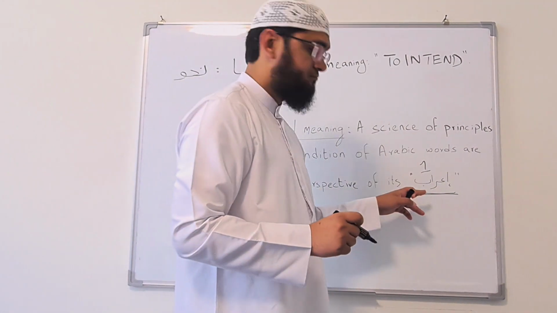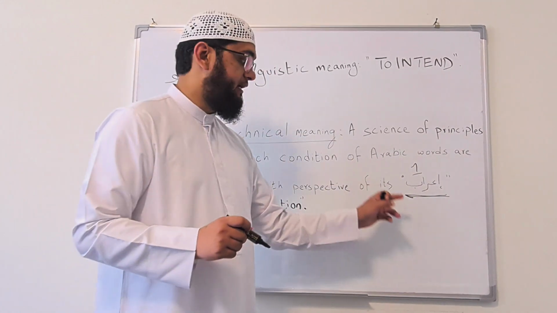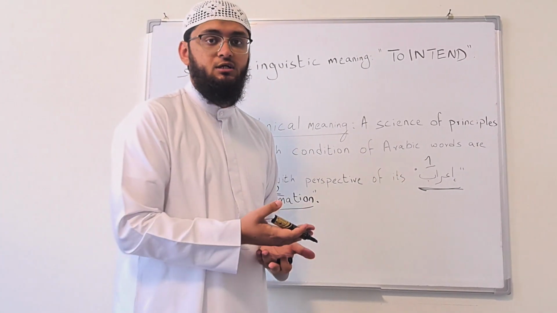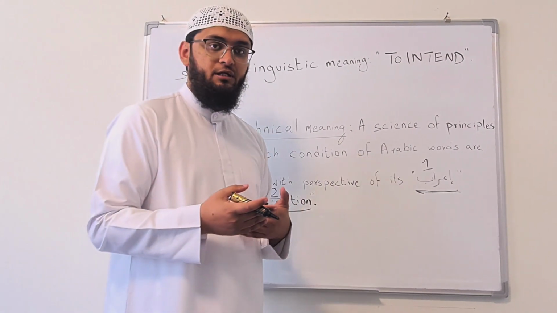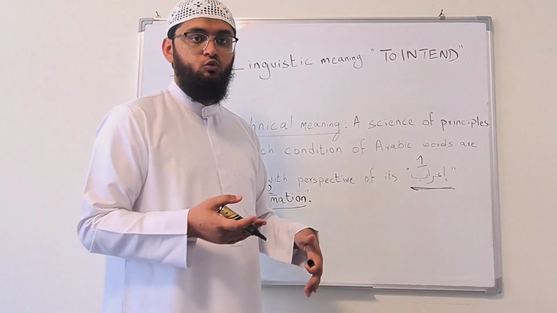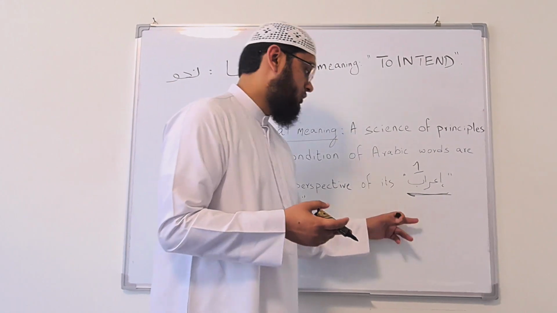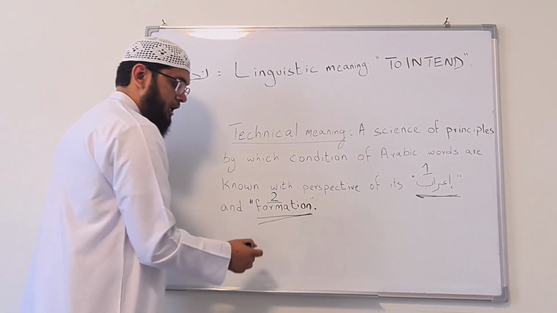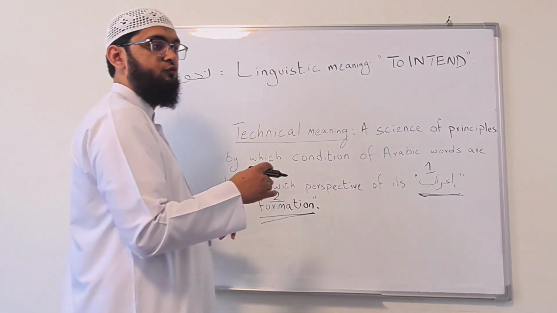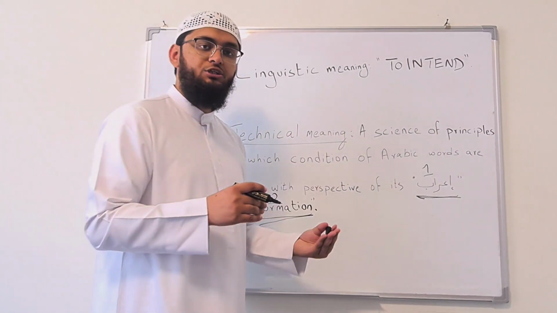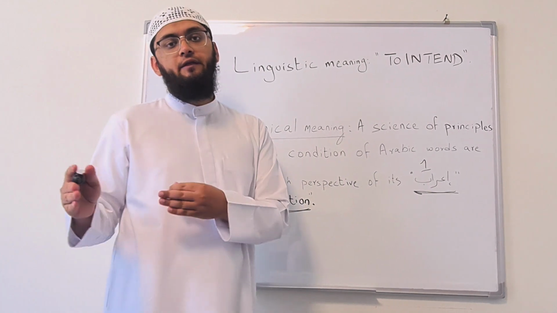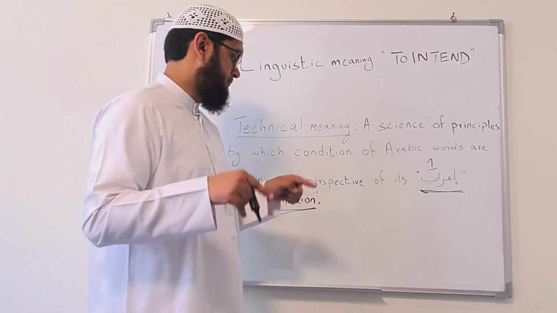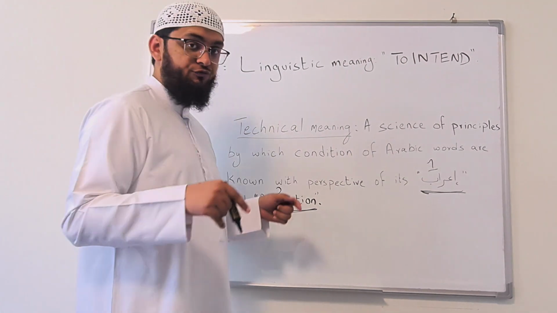I'rab means the diacritical points that are on the letters, let's say fatha, dhamma, kasra, or fathatain, dhammatain, or shadda, or sukoon. We talk about the condition of this i'rab, and about formation: how a word has been formed from its origin to another word. But in the boundary of Nahw, that is in the boundary of ism.